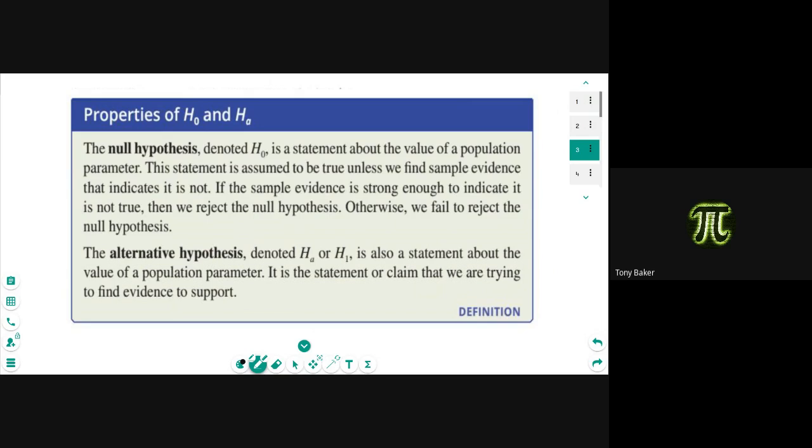Your null hypothesis will be designated as H naught, so H-O, and it will always be equal to.